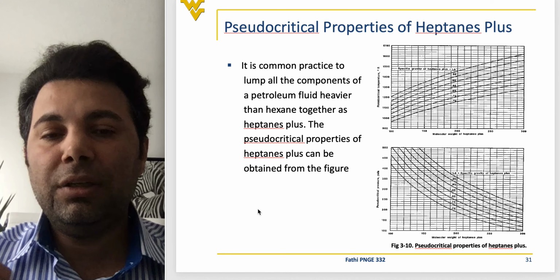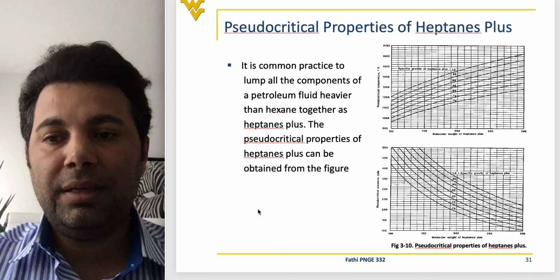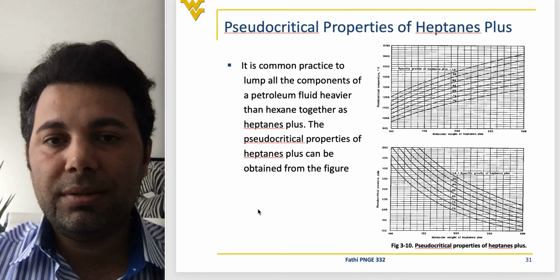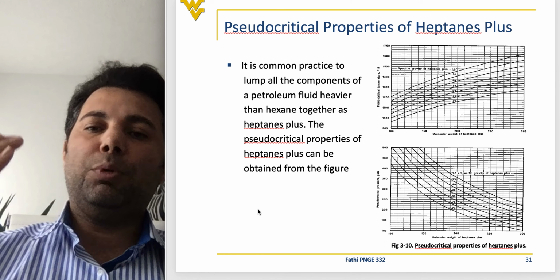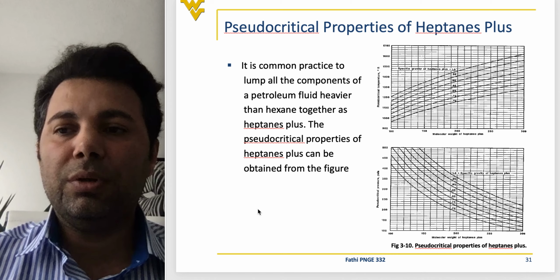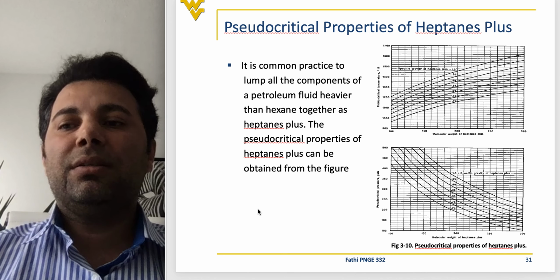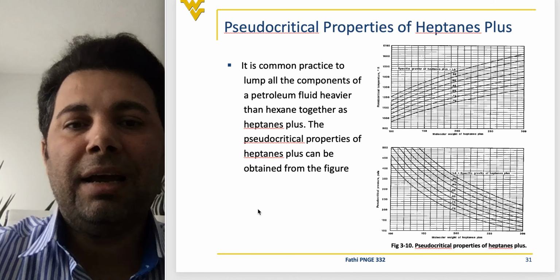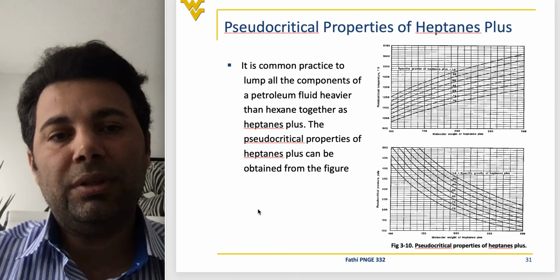And then we lump all the components heavier than hexane, including heptane, and we call them C7 plus, or heptane plus. We don't really report all the components. We just report the volatile components all the way to C6, and then we sum the rest and call them heptane plus. This is whatever I have heavier than C7, including C7.